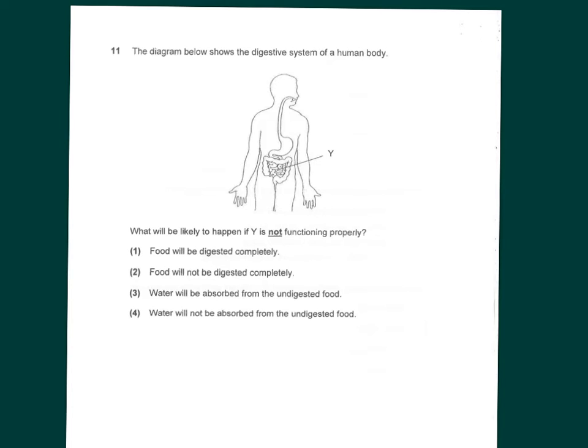Okay, question 11. The diagram below shows the digestive system of a human body, and what will be likely to happen if Y is not functioning properly. Now you should be able to identify that part Y is the small intestine.